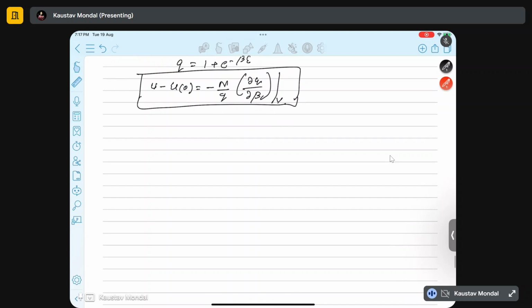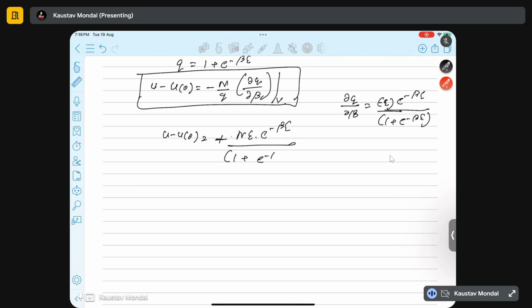Now if you do the derivative, U minus U0 would be simply minus del Q del beta, which would be minus epsilon outside, so e to the power minus beta epsilon, the whole thing divided by 1 plus e to the power minus beta epsilon, equal to minus minus will become plus n epsilon e to the power beta epsilon by 1 plus e to the power beta epsilon.